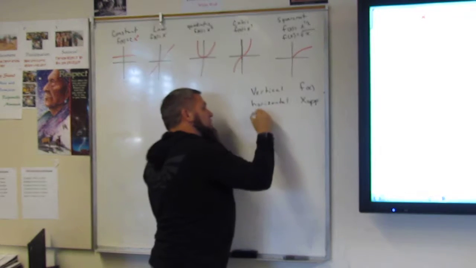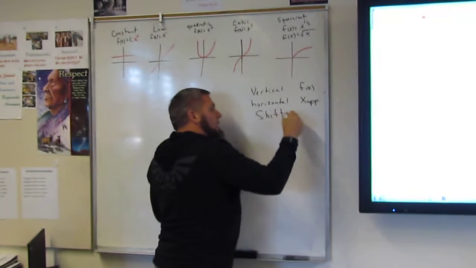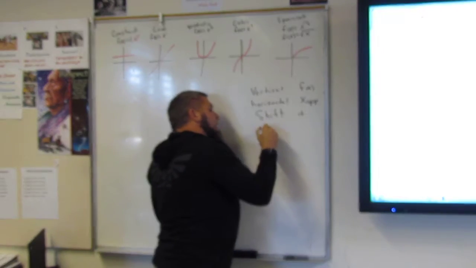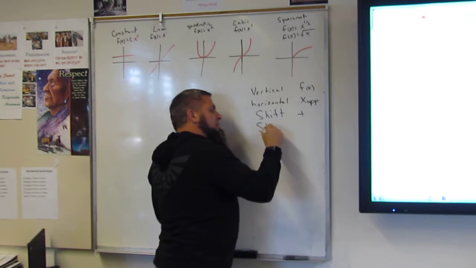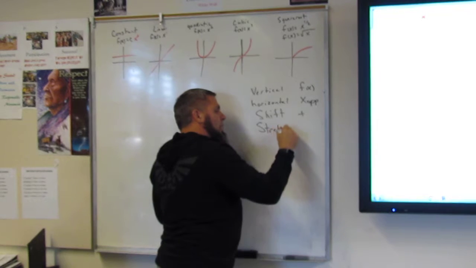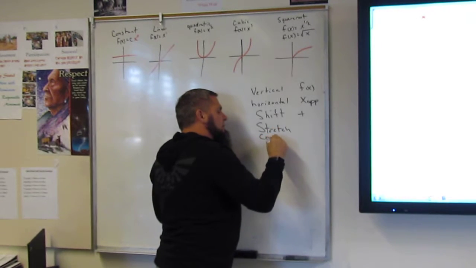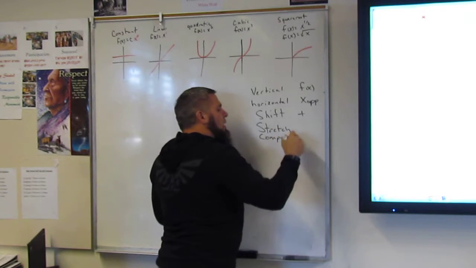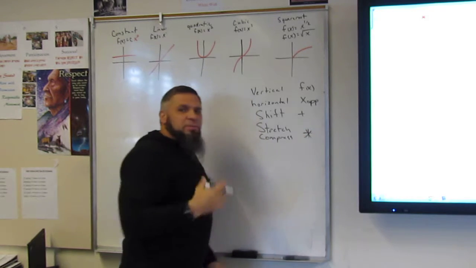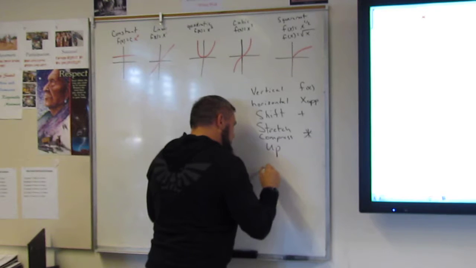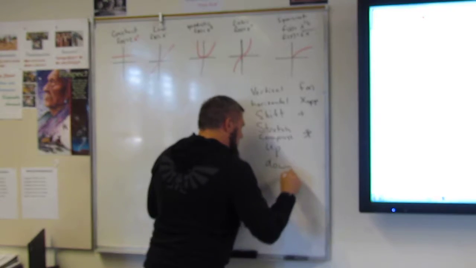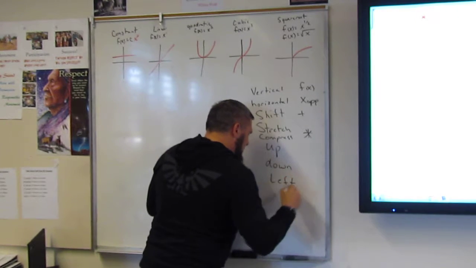If it's going to be shift, then it's going to be plus. If it's going to be stretch, right? Or compress, then it's going to be a star. It's going to be multiplication. And then you got up, down, left, right.